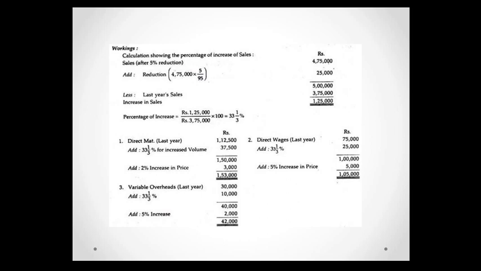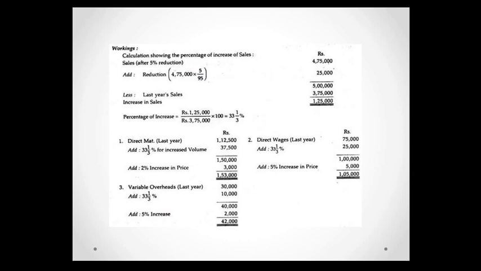The actual sales is 5 lakhs. Last year sales is given as 3 lakh 75,000. So there was an increase in sales of rupees 1 lakh 25,000. So when we are comparing the percentage of increase, it comes to 33 1/3%.